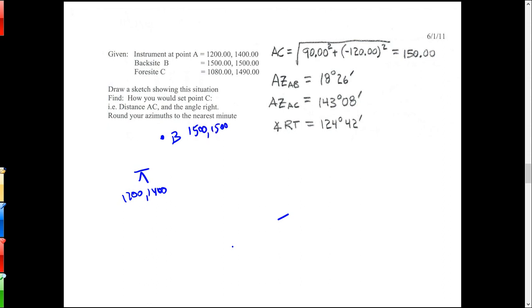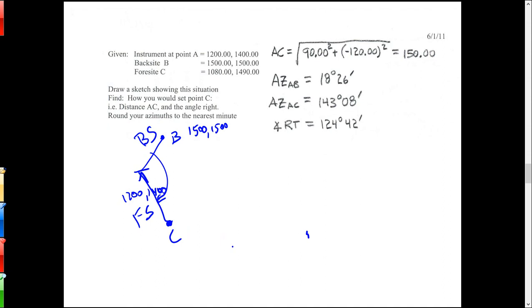And then you're going to foresight C, which is further south and also a little bit further north. So that's over here. So that's what you're up to with this. Start with a picture so you get some idea of what it is you're doing.